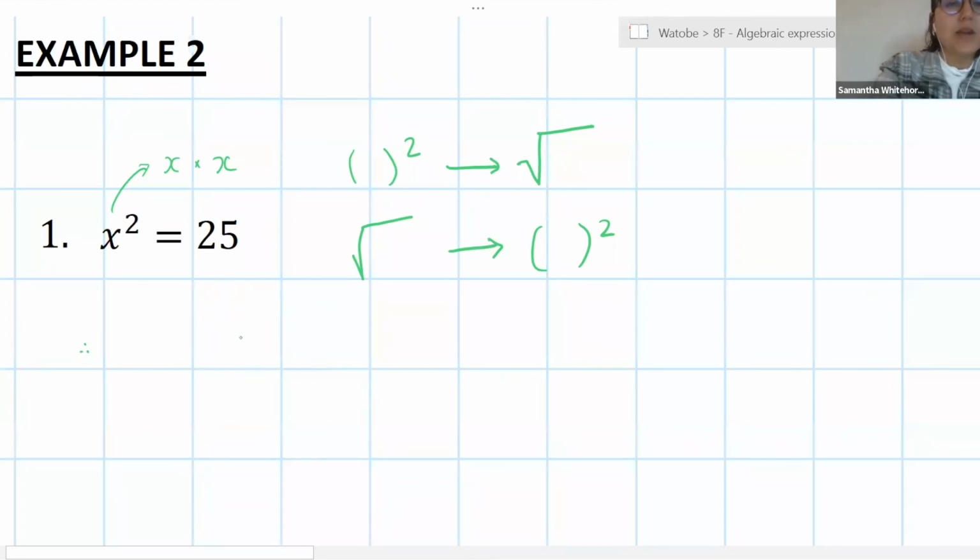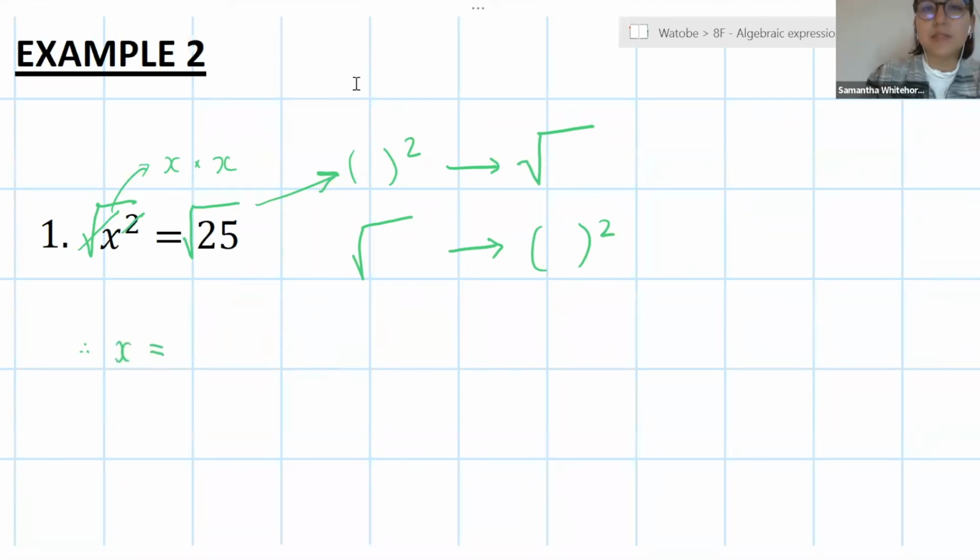So when I square root this, because remember, I'm doing the inverse operation of square, what happens is the square root and the square cancel each other out. But bear in mind, if you square root one side, you have to square root the other side. So this gives me x equals, and you can do this on your calculator if you're not 100% confident with square numbers. There's a square root button on your calculator, and this would give you 5.